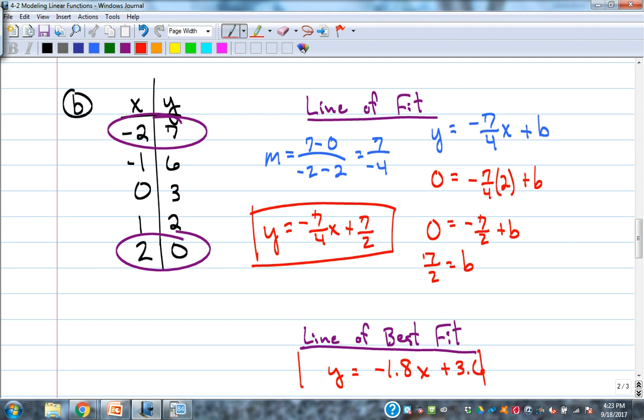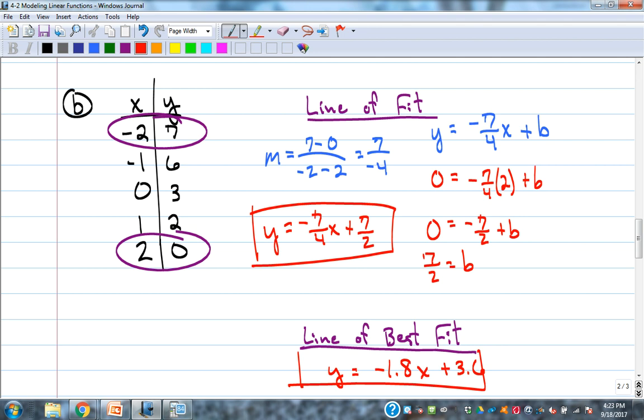If we wanted to graph that and see how well it fit, we could just type that equation into Y equals. Tell it to graph it. It goes and it does it for us. Nothing too spectacular about that. Now, you could use that regression equation to predict what's going to happen when X is a different number.